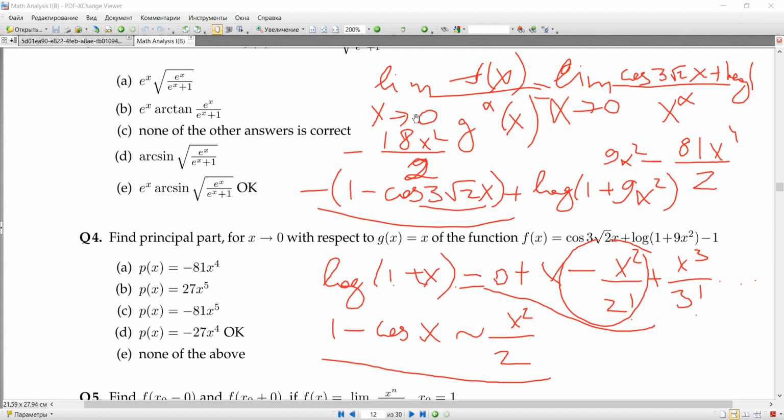Am I right? Do you understand what we get here? Guys? So here, this gives us minus 9x squared plus 9x squared. They are canceled, you can see, yes? And here we have only this one, minus 81x to the 4.